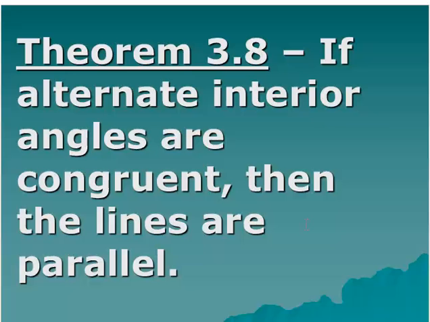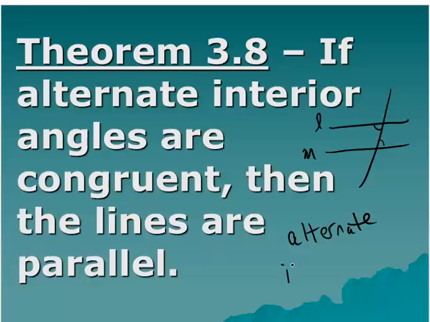Theorem 3.8 says if alternate interior angles are congruent, so if I have these two lines and a transversal that crosses them such that the alternate interior angles are congruent, then I can say yes, this line L and this line M are parallel. My reason would be alternate interior angles converse.